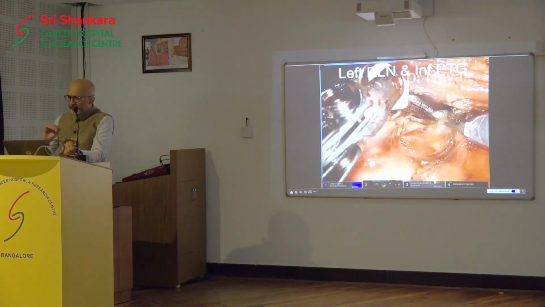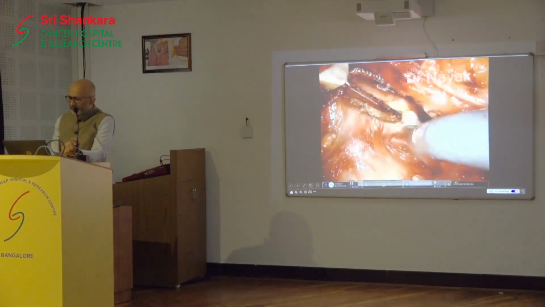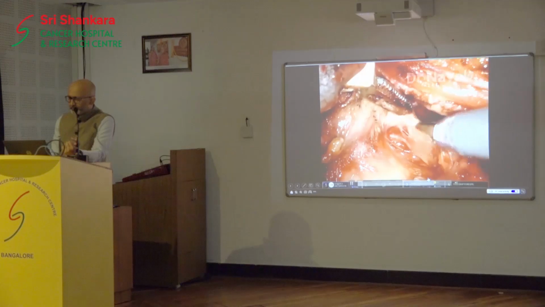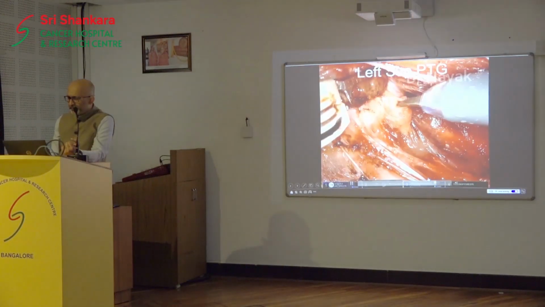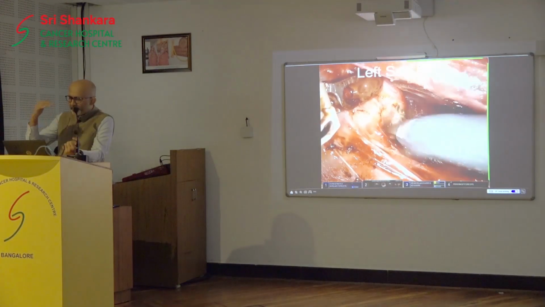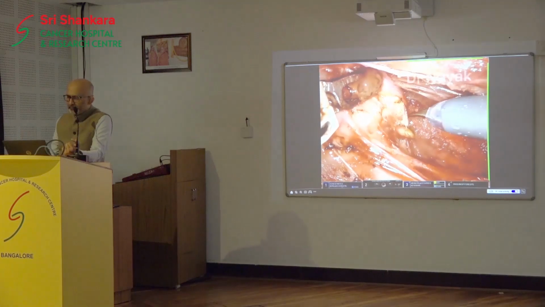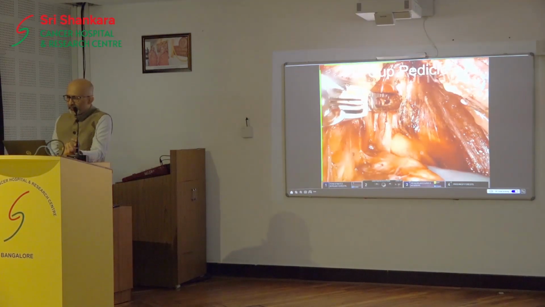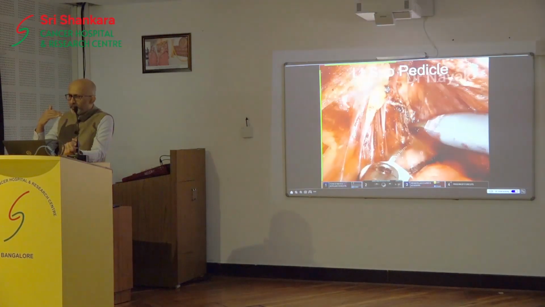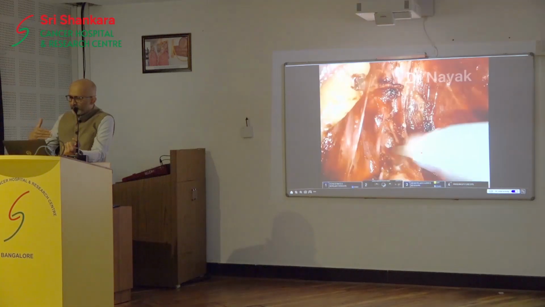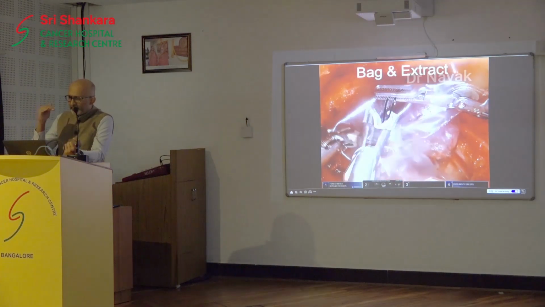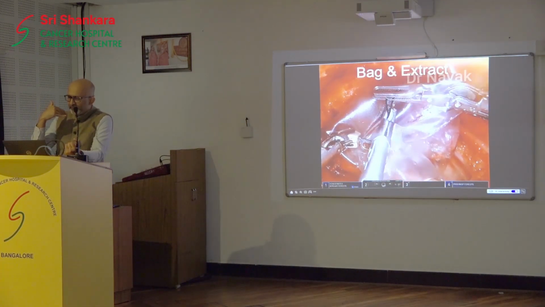Once that is done, on the opposite side, you can see the left nerve there, and the left superior parathyroid, with the inferior one down with the nerve. That is the superior, and this is the superior pole pedicle taken down. You can see the gland is bagged and removed. This is how we follow for every patient.